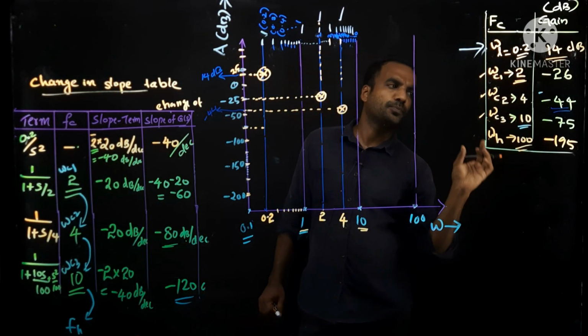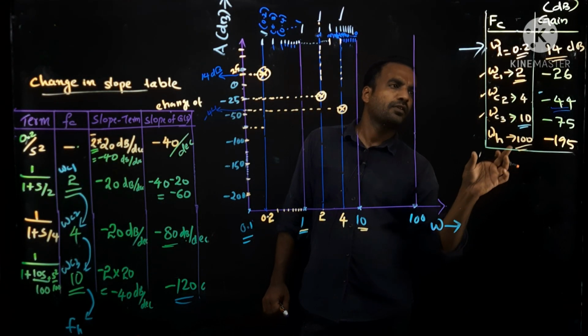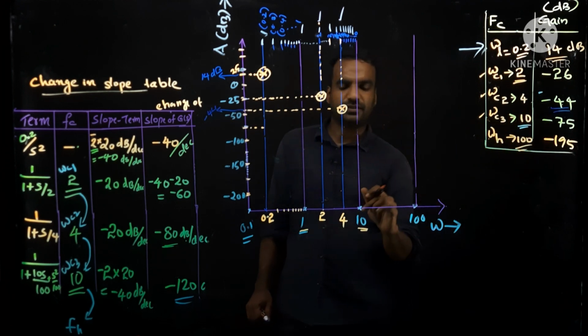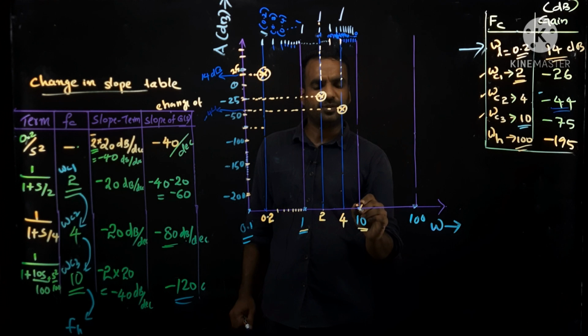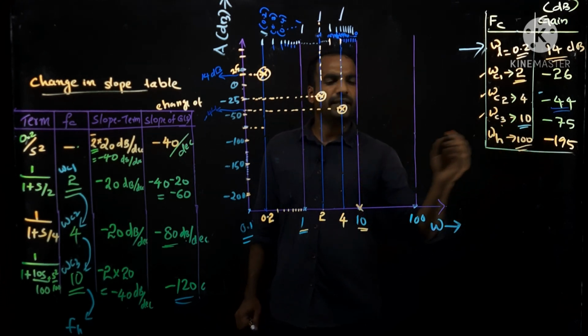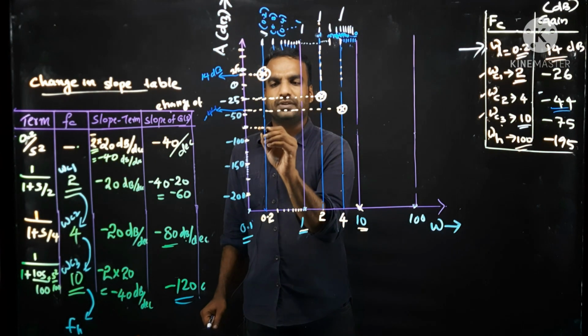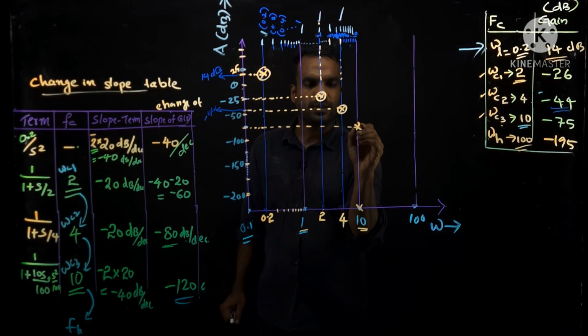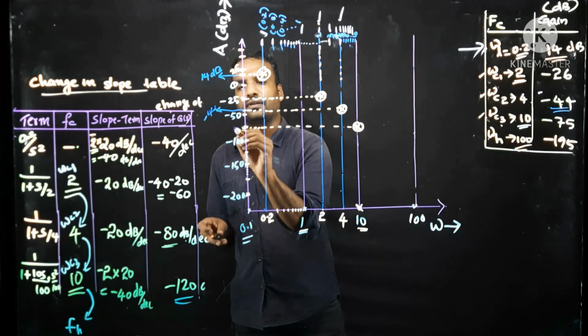And which is the fourth point? The fourth point will be 10, the highest corner frequency, omega C3. 10 will be clearly visible because it is a decade line. Its gain is minus 75. So this will be minus 75. I am extending that to here. This will be that point.